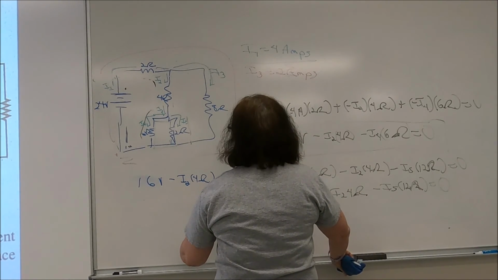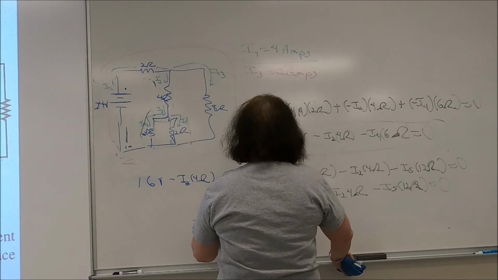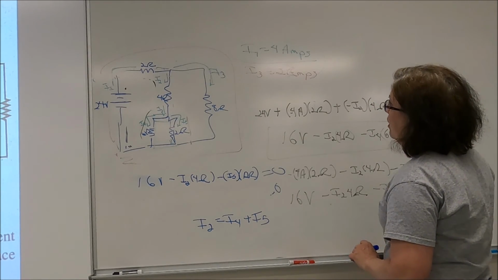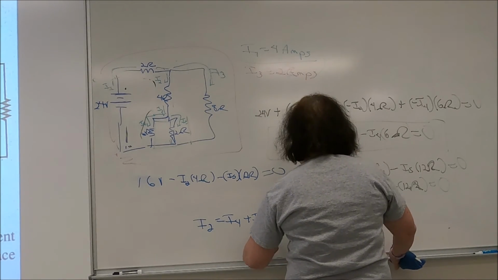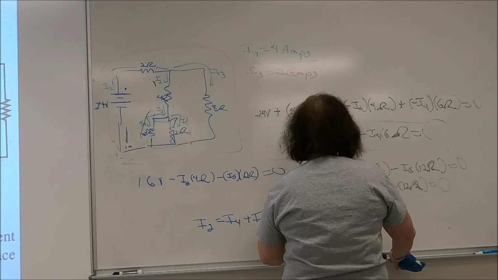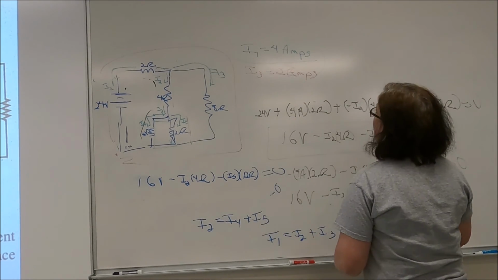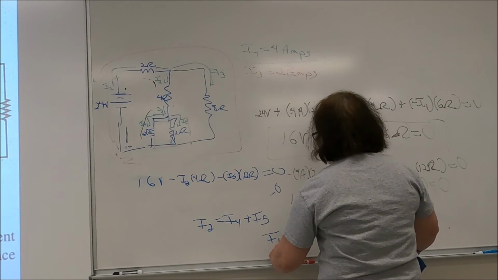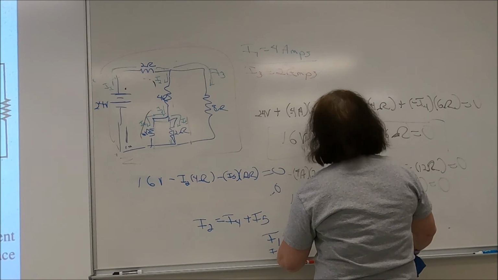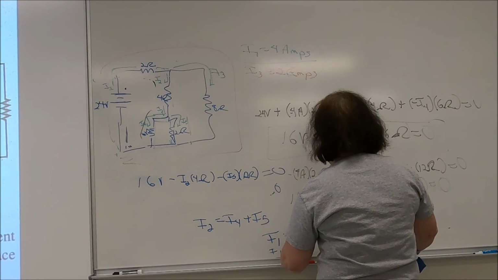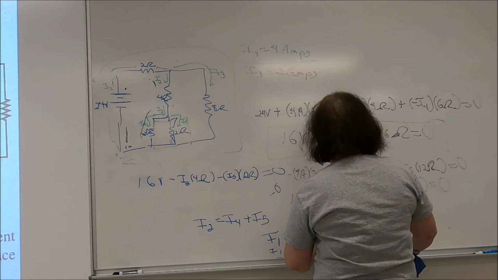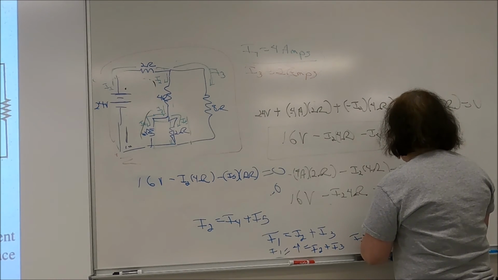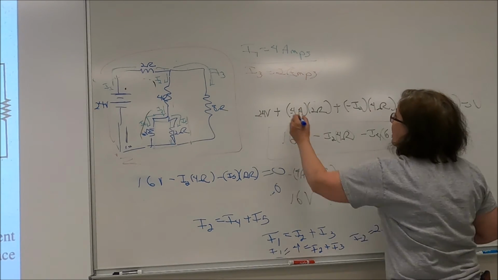I know that I2 equals I4 plus I5. And I know that I1 has to equal I2 plus I3. Well, I know what I1 is and I know what I3 is. So if I1 is equal to 4 amps, that means 4 has to equal I2 plus I3. So I know that I2 is 2 amps. I'm trying to make this harder than it is.